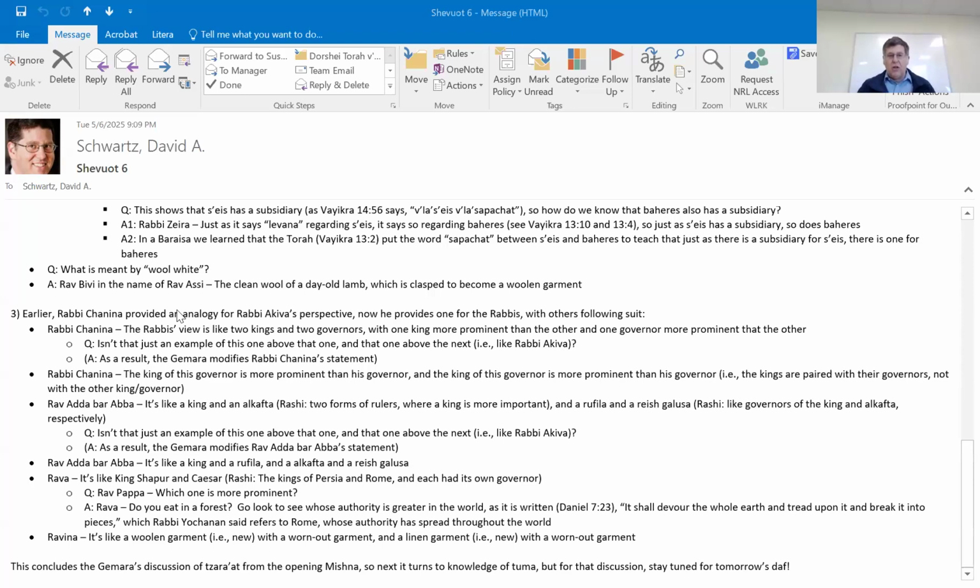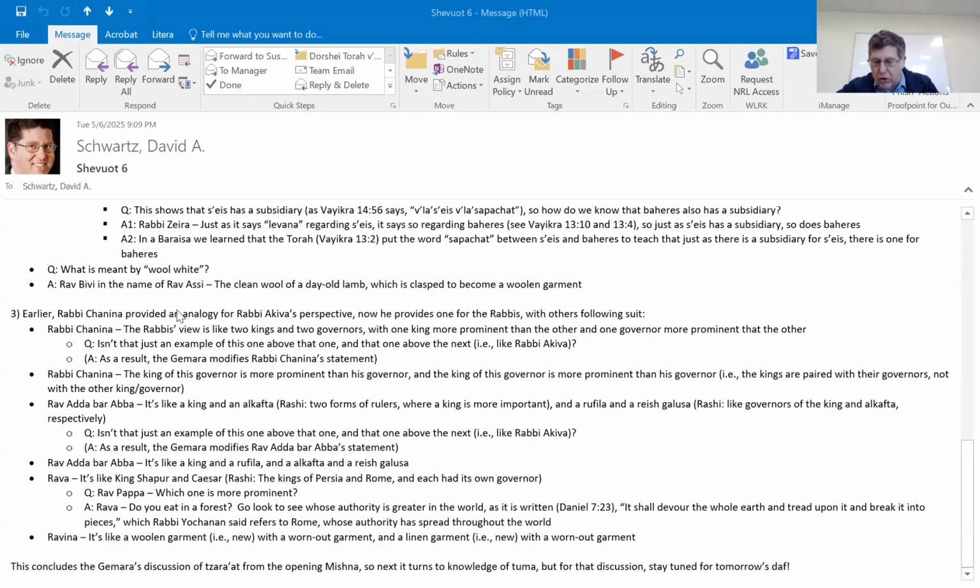And so now the Gemara is going to turn to knowledge of Tuma. Again, we had 4 different knowledges of Tuma that we saw a little bit earlier. We talked a little bit about them before getting to Tzarat, but now we're going to go back into more detail, where the question is whether you have knowledge of whether or not you're tameh, and then you eat something or go into the Beit HaMikdash, that's Kodesh.